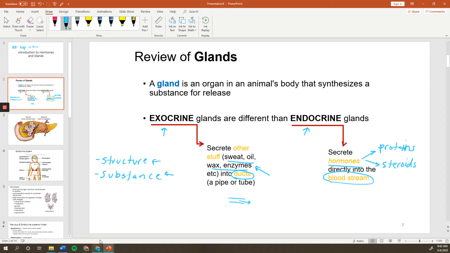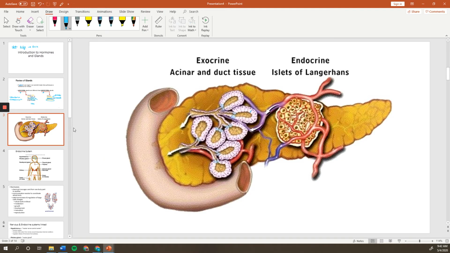Okay, so here, this is the pancreas, as you will recognize, and the pancreas has exocrine and endocrine glands. The ones we talked about in the digestive system, the exocrine glands, all of these little cells are creating and secreting different things like enzymes, and then they go out of these tubes, these ducts, and here this would be the small intestine, and they're secreted directly into the small intestine.